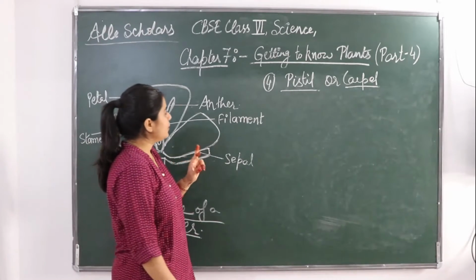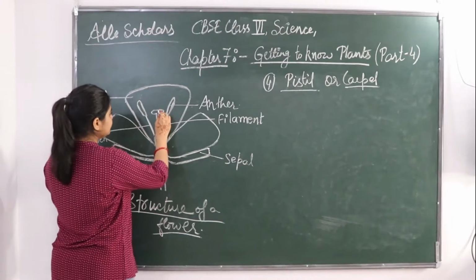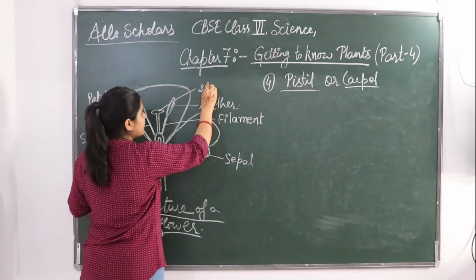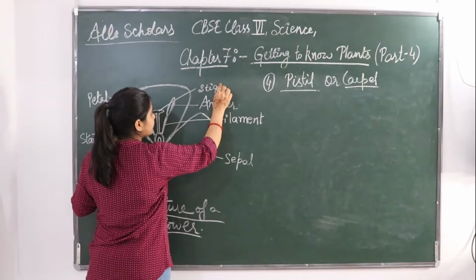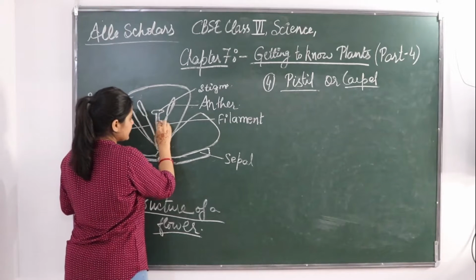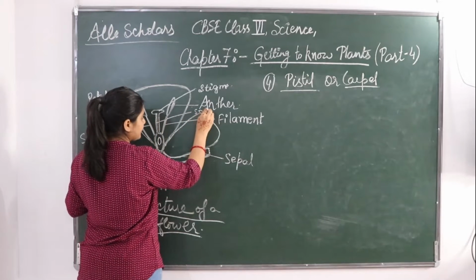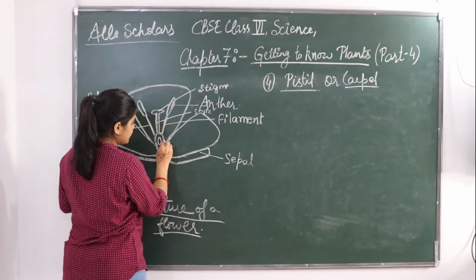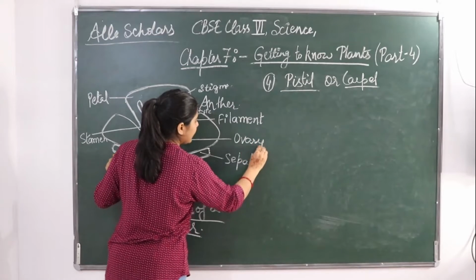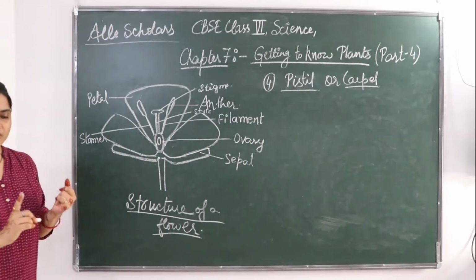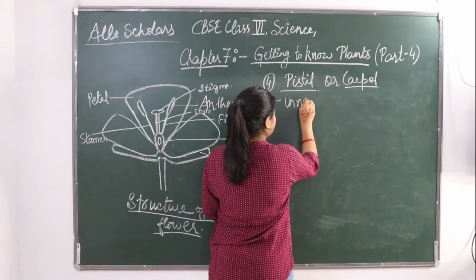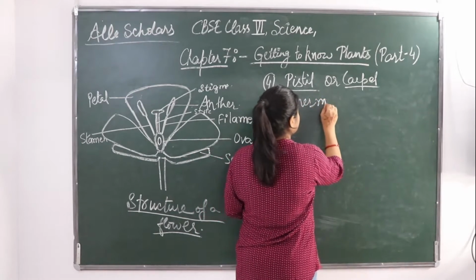Okay, if I mark here, this one is called the stigma. This long portion is called the style, and this lower round one is the ovary. So this pistil has got three parts. The first thing about the pistil is that it is the innermost part of a flower.